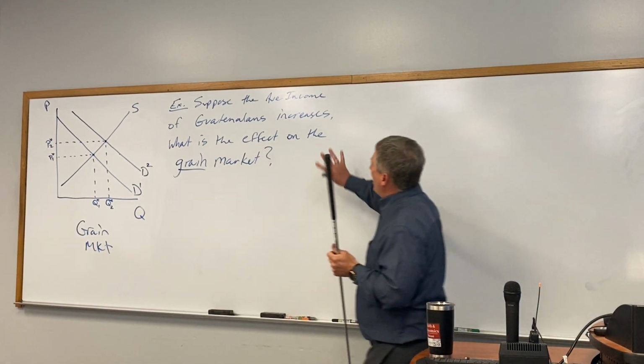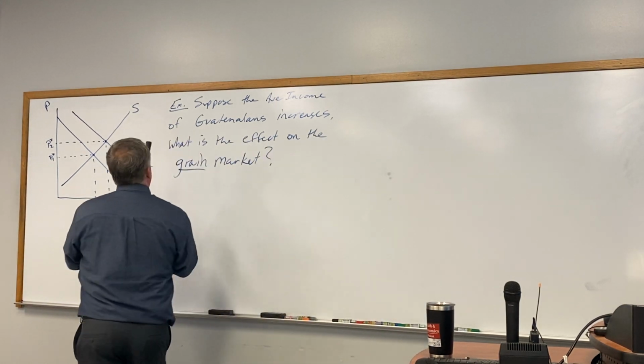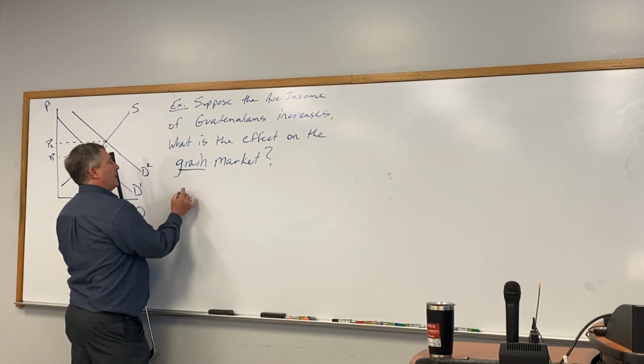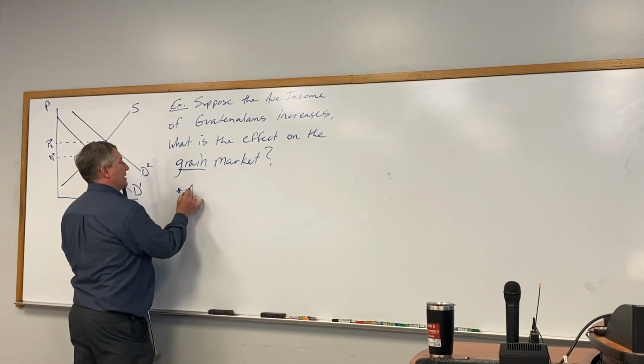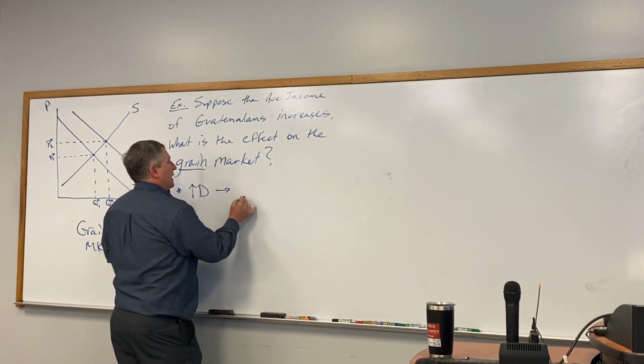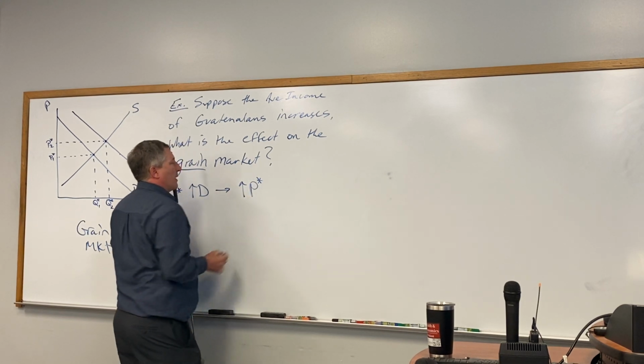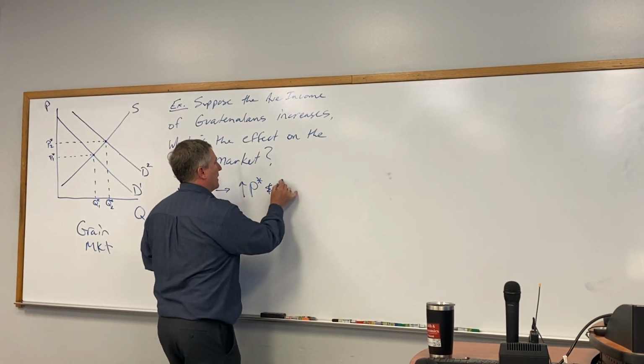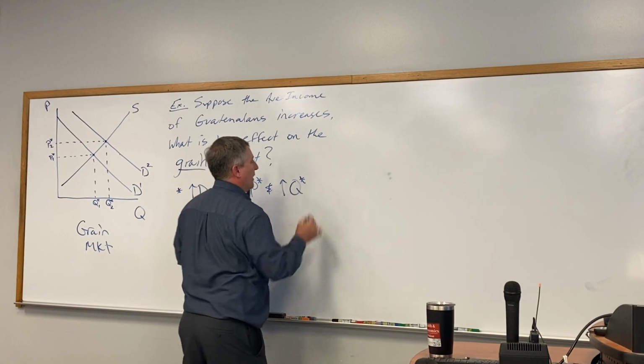All right, so what is the effect on the grain market? There's going to be an increase in price, so an increase in demand leads to an increase in the equilibrium price and an increase in quantity.